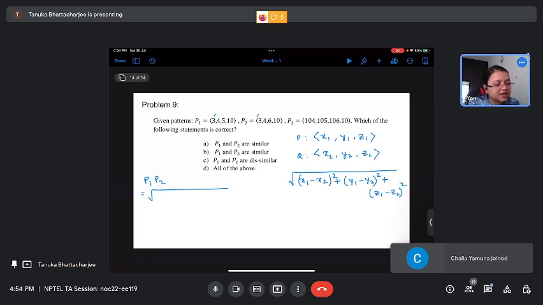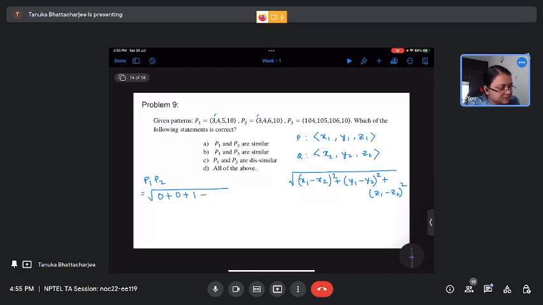Let us say P1 is x1, y1, z1, t1, and P2 is x2, y2, z2, t2. The first element will be x1 minus x2 square, but both are the same, so we have 0. The second element is also the same, again 0. The third element is 5 and 6, so the difference is 1, and we have 1. The last element is again the same, so 0. So the distance we have is 1.